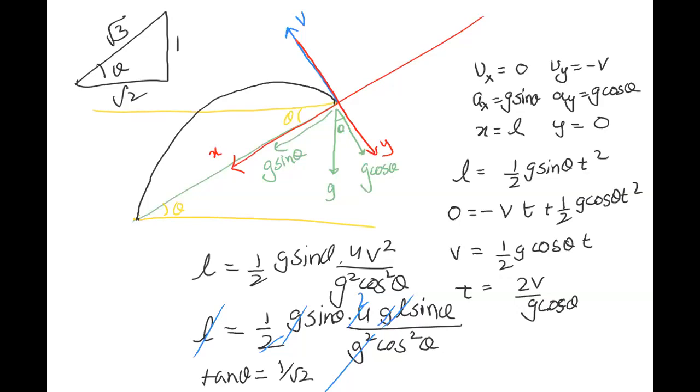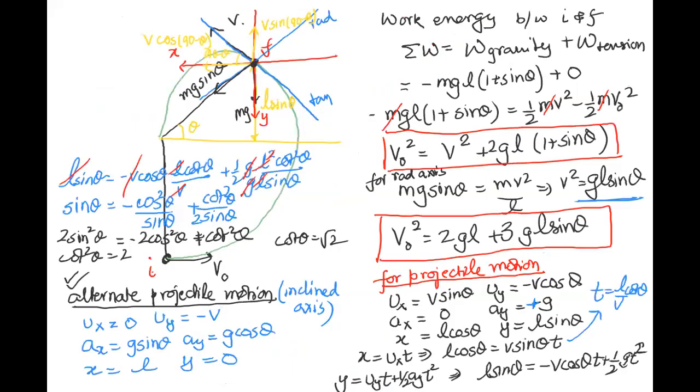So the answer should be sine theta is equal to 1 upon root 3. So if I put this here, I should get 2 plus root 3. Now I remember this. V naught is equal to root of 2 plus root 3 GL. Sorry, this is the answer.